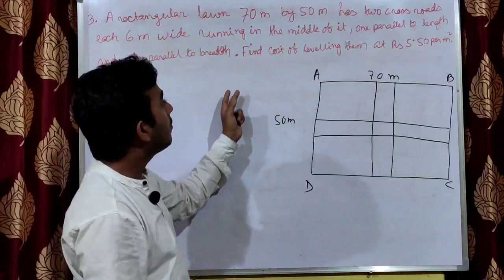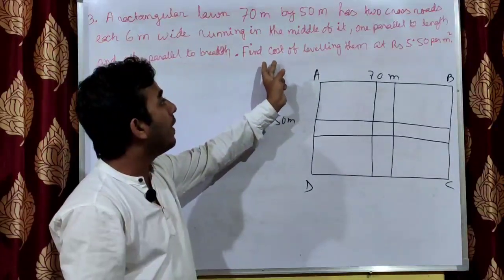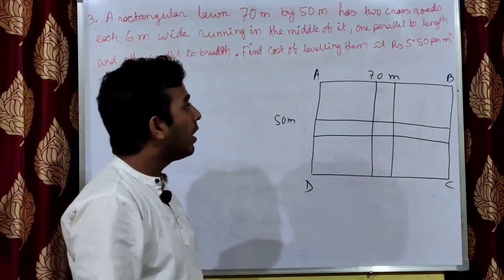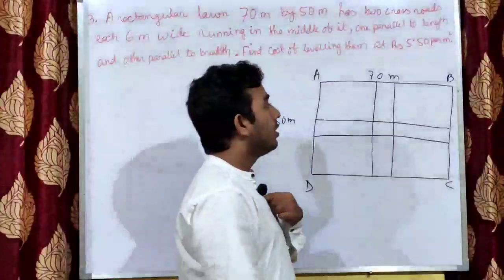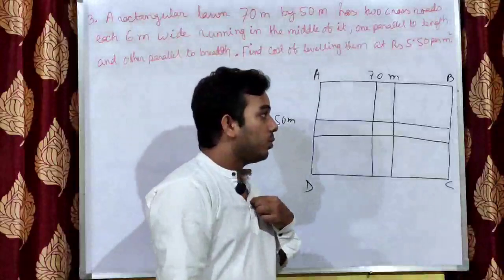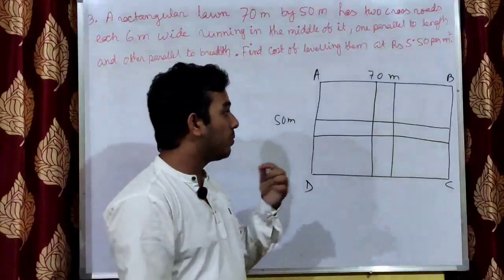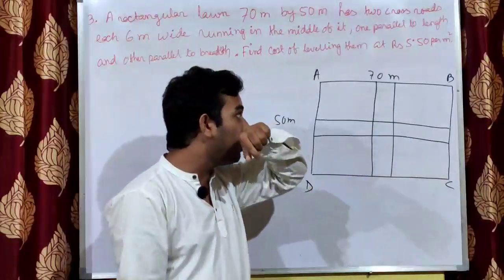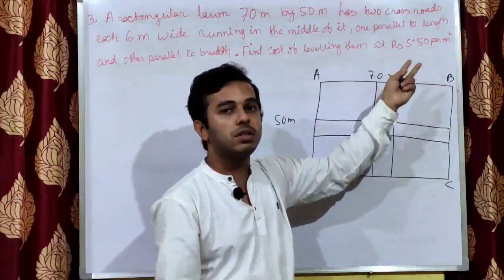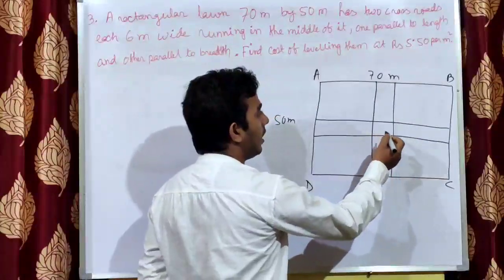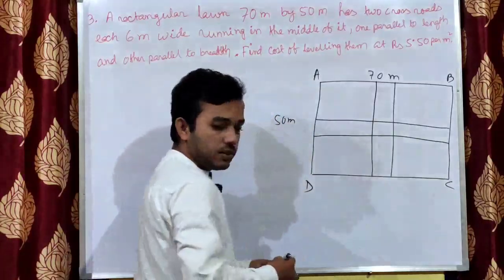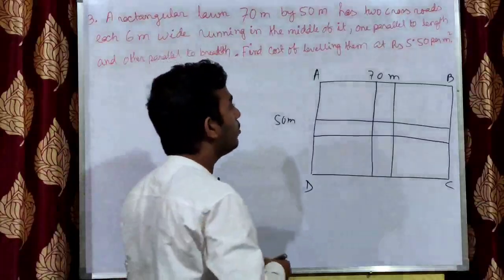Now we have to find the cost of leveling them at rupees 5.5 per meter square. That is, first we have to find its area. Now if we know its area, then we can find the cost of leveling, right. So let us name the crossroads.